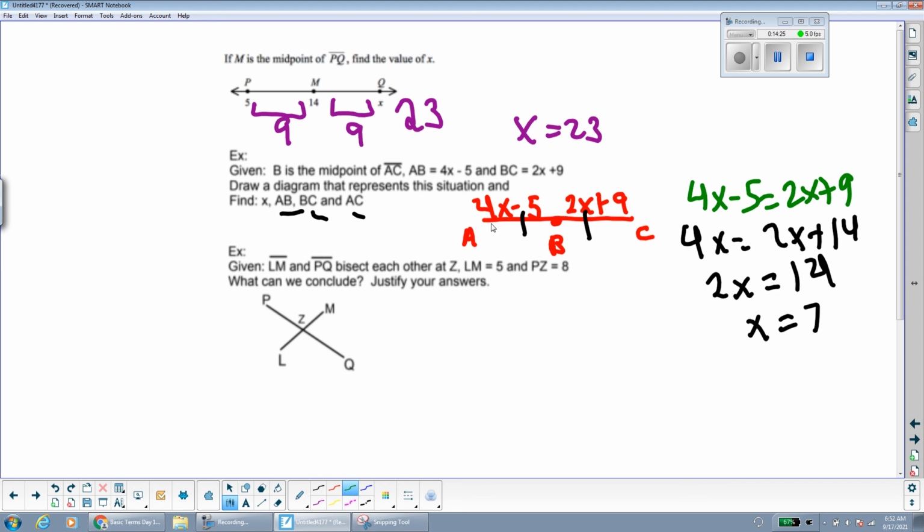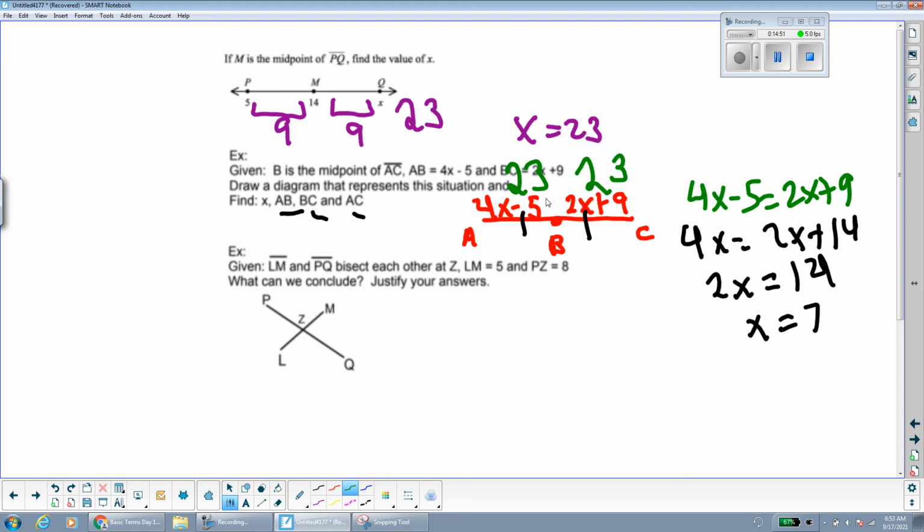So AB is represented as 4x minus 5. So let's plug in 7 for x. 7 times 4 is 28, minus 5 is 23. BC is represented as 2x plus 9. Let's plug in the 7 that we found for x. 7 times 2 is 14, plus 9 is 23.